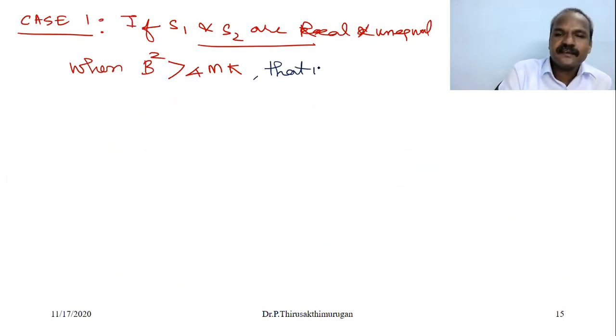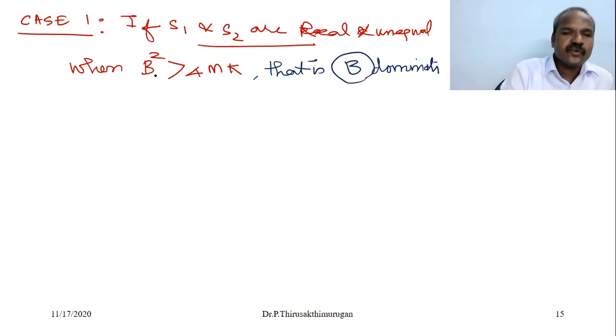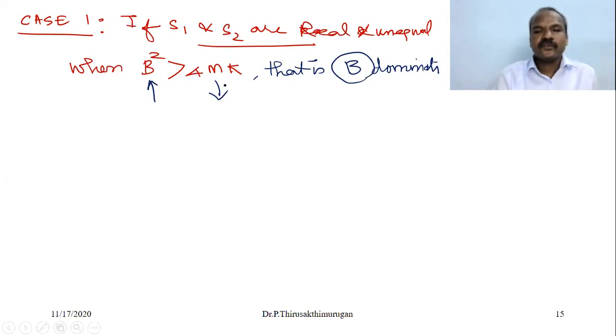Say for these three cases, when b square is greater than 4mk, what is the condition? That is, B, friction B dominates. Because of B domination, this is more than this. So when b square is greater than 4mk, roots are real and unequal.